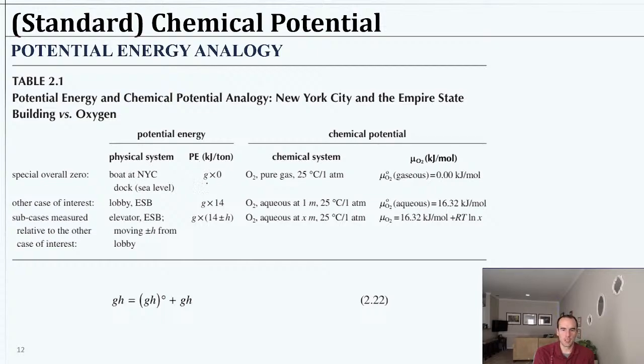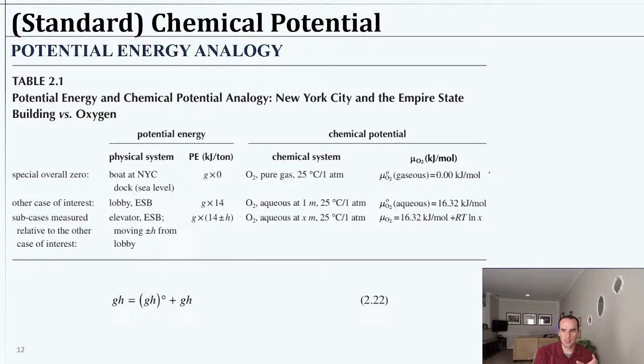The potential energy would be gravity times 0. In an analogous chemical system, we have pure oxygen gas, O2, at 25 Celsius and 1 atmosphere. And we define the chemical potential in that gaseous state as 0.